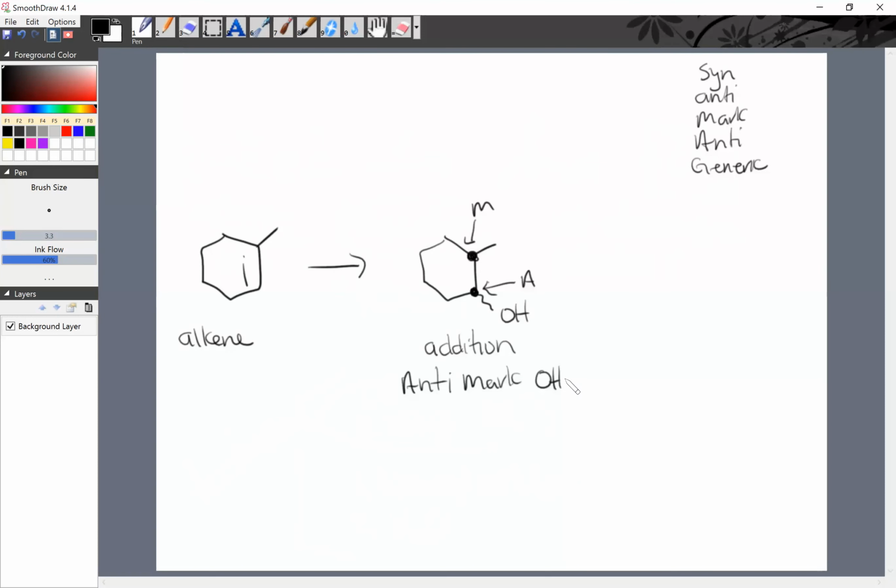So again, you go to your reference sheet, and the only one that can be anti is hydroboration. And again, to be technical, let me see. So this is hydroboration. So the second part is H2O2 and water. All right, what if it had been this?